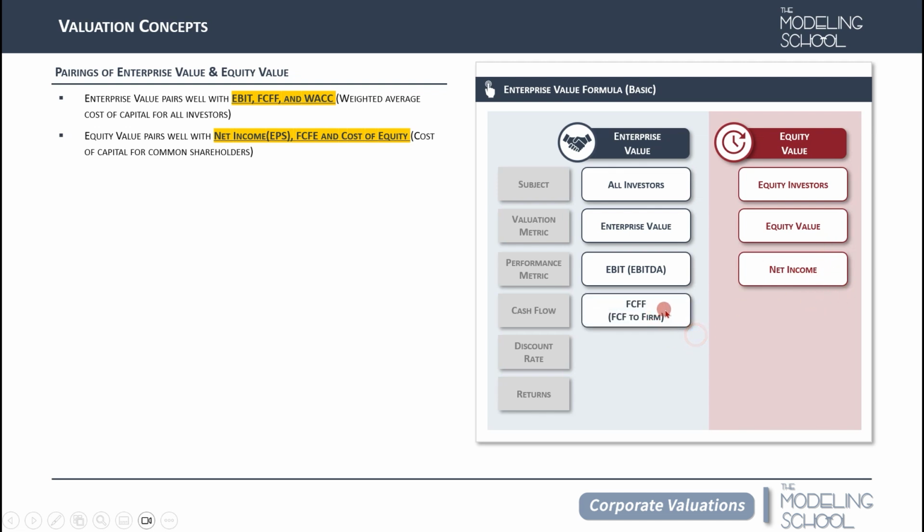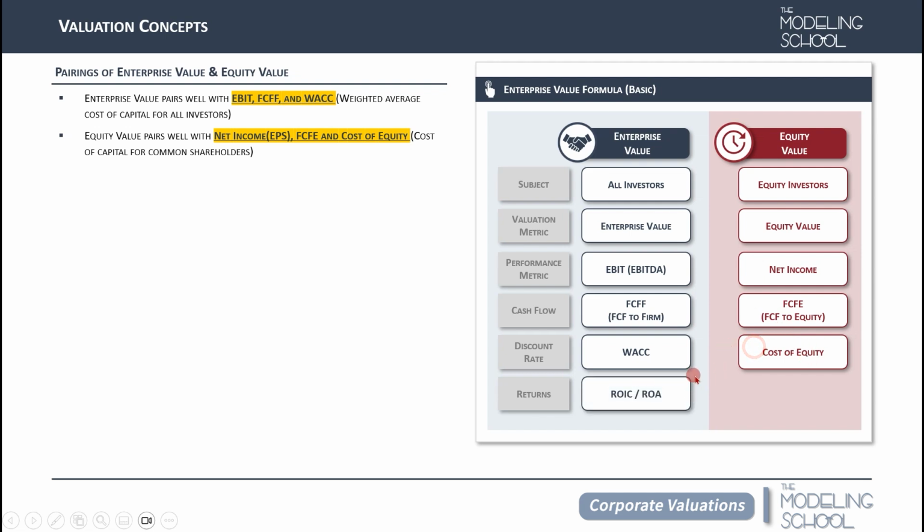We have free cash flow to the firm and free cash flow to equity. The same applies for the discount rates: we have the weighted average cost of capital, or WACC, which represents the average cost of capital from all investors. And here we have cost of equity, which is the cost from the shareholders' perspective.